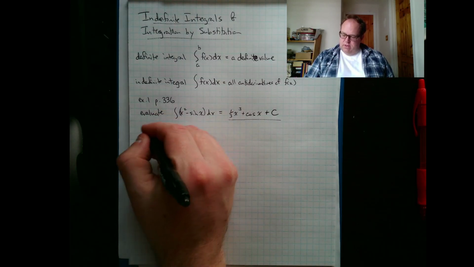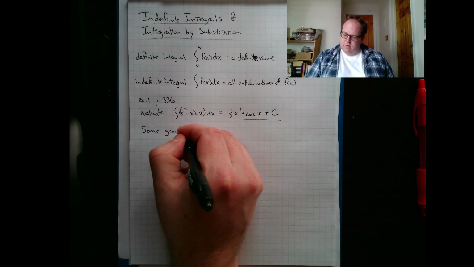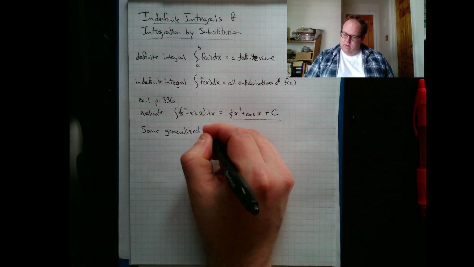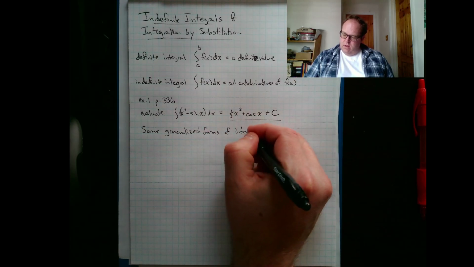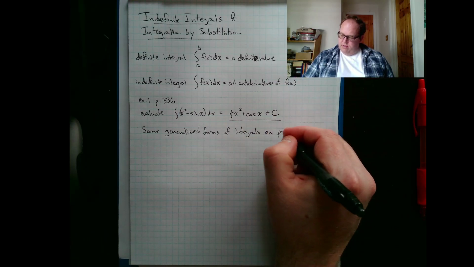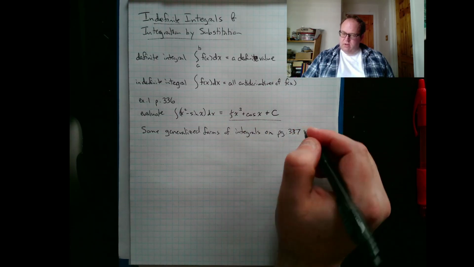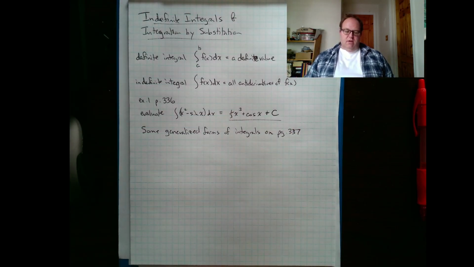And I will note there are some generalized forms of integrals on page 337 of your textbook, which you could use for reference while you're doing the questions, but typically if I were to give tests or exams, that sort of thing, I wouldn't give you that table of information.